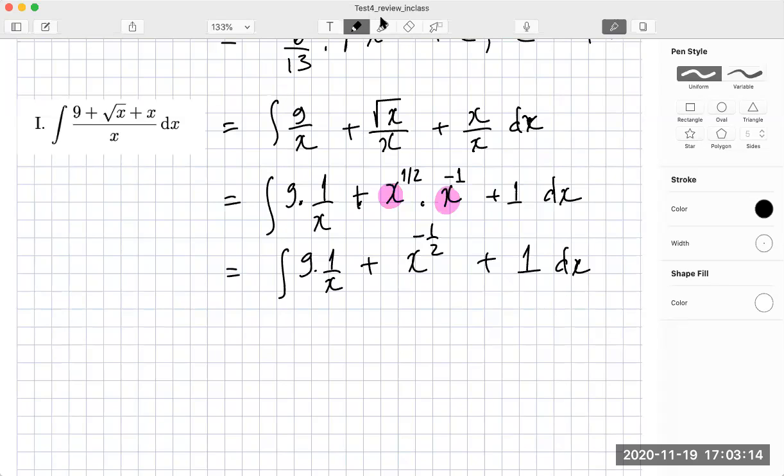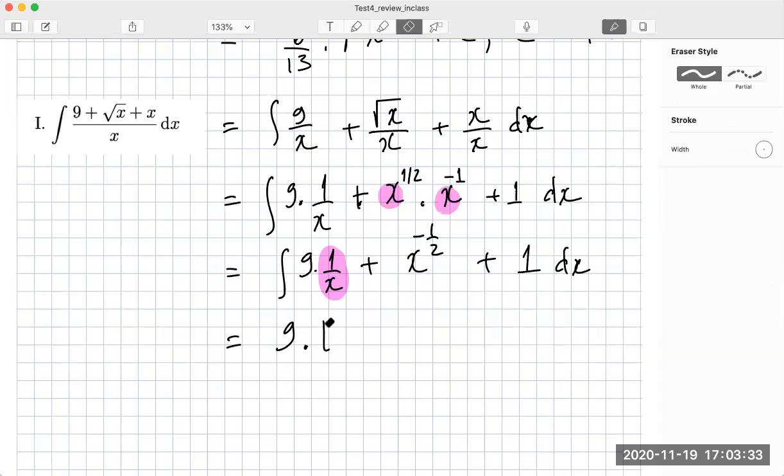We need to find the antiderivative of 1 over x here, right? What is it? You can look it up in the table. Wouldn't it be ln x? Perfect. Remember, ln of the absolute value of x.